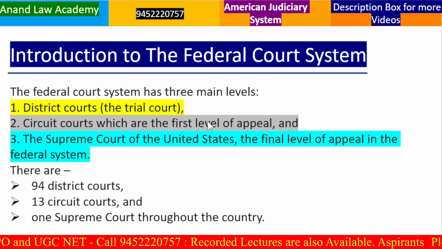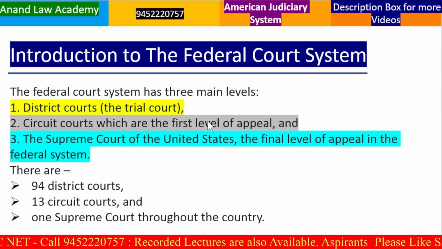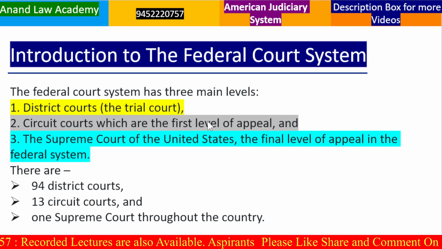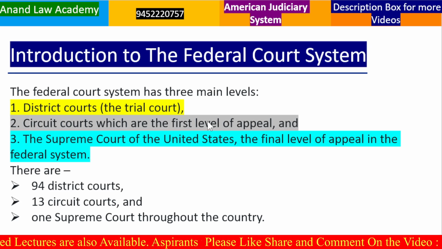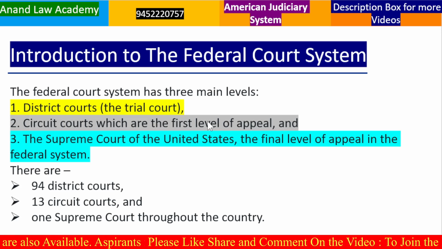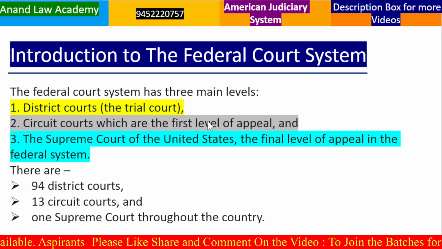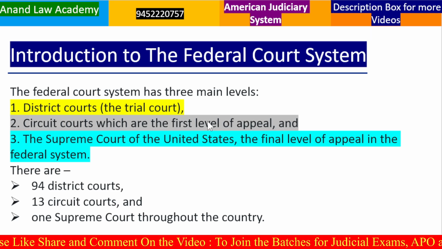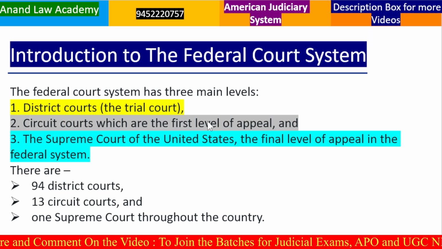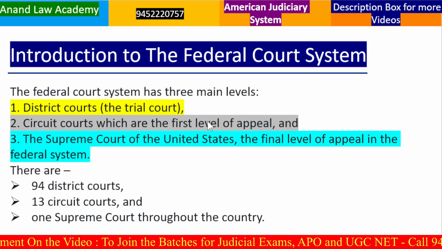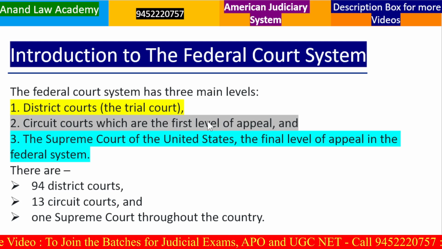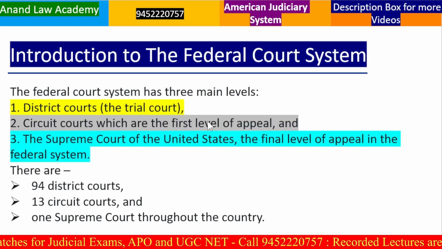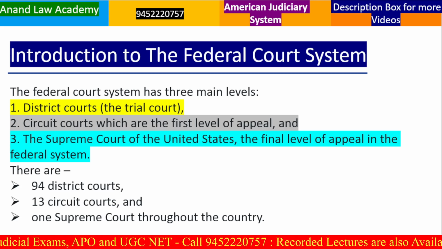If, on the appeal level, either the plaintiff or the defendant feels aggrieved by the decision of the circuit court, they move to the Supreme Court, which is the apex court of the United States. The case is wound up here. The fact is that there are 94 district courts, 13 circuit courts, and one Supreme Court throughout the country.